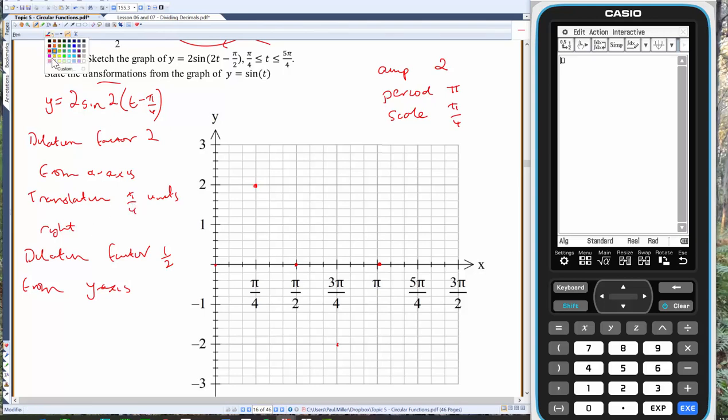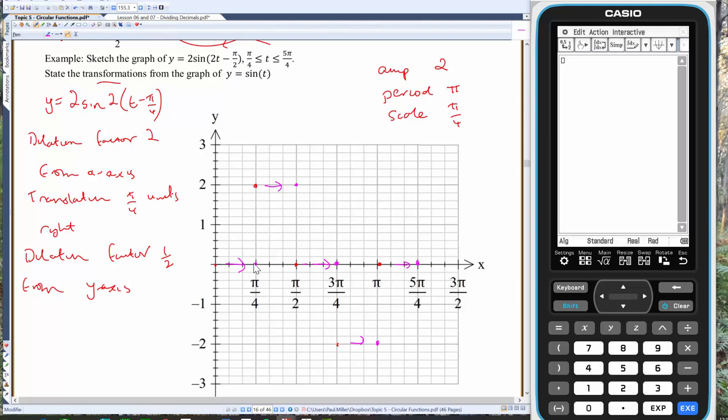So what I generally do is have a different color, and I grab this point here and I move it to here. So that point moves to there. That point is going to move pi on 4 to the right, so that point goes to there. That point will go to there, and that point will go to there, and that point will go to there. So all of those points will move after they're being translated.